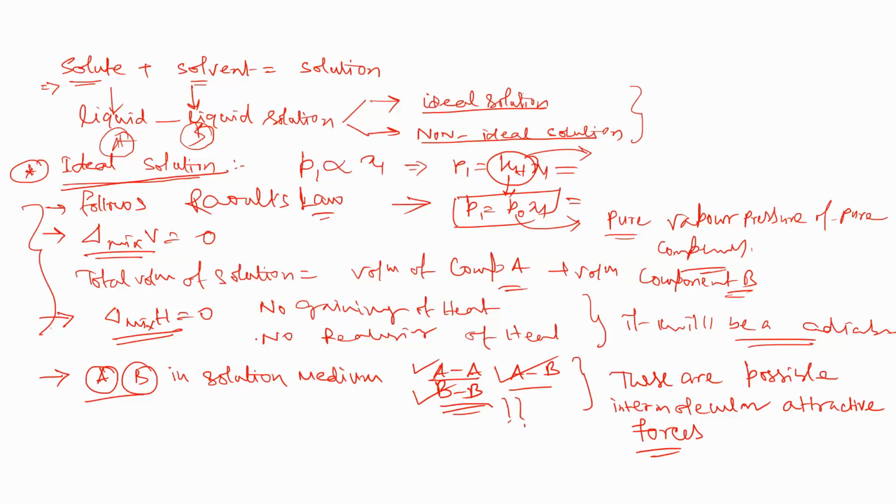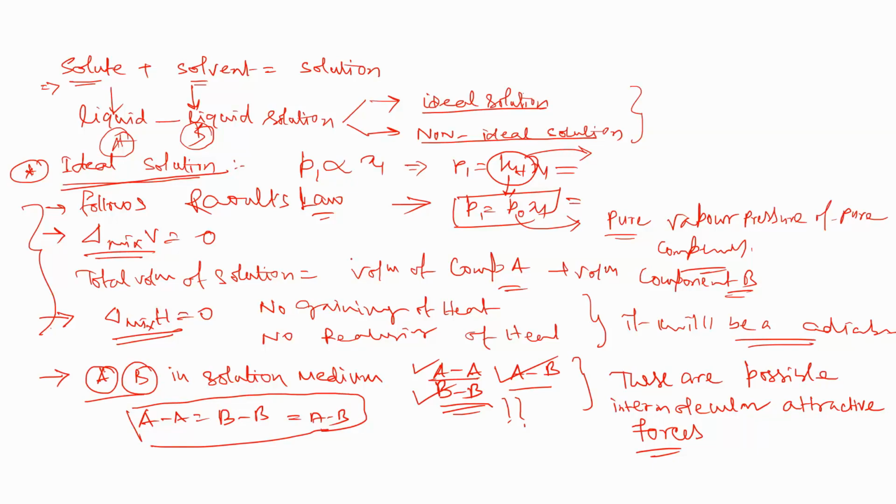That means we can also say AA equal to BB. So there are four criteria to know which one will be the ideal solution and which one will be the non-ideal solution.